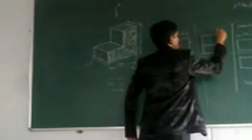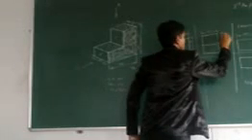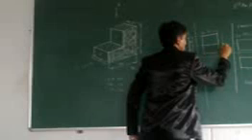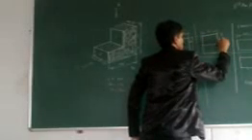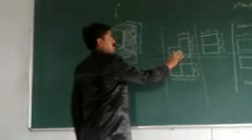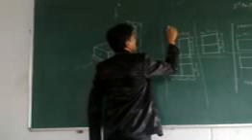See this dimension. This is 50 and these dimensions are 30 and 30. Individually, this is 30 and this is also 30. So this is the front view, top view, and this is the left view.